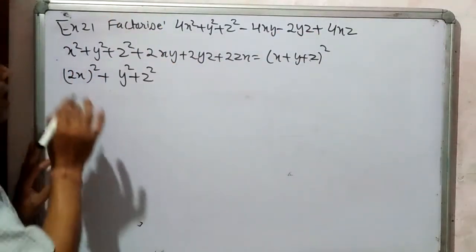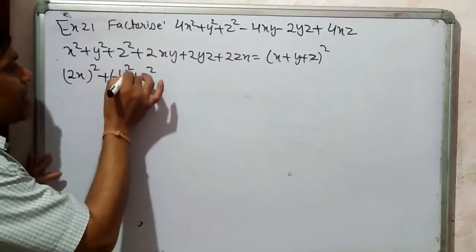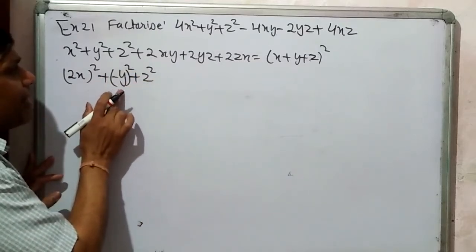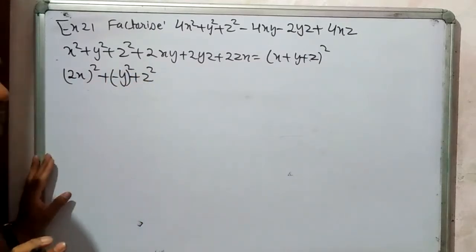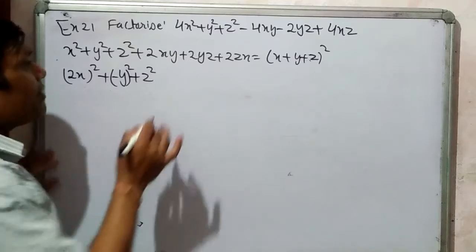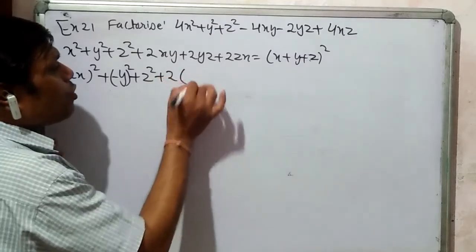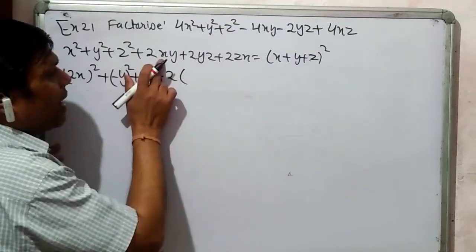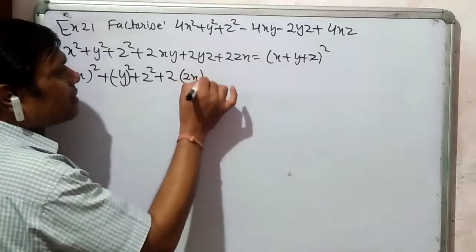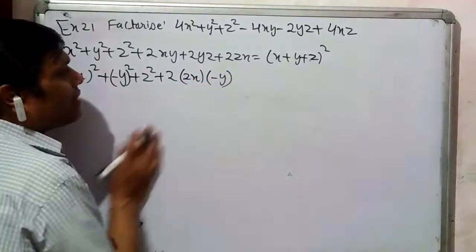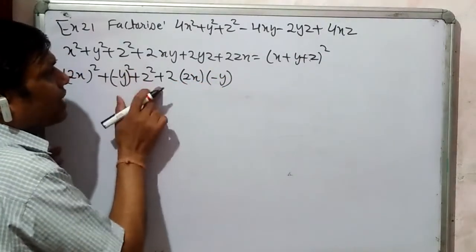So what I can do? I can put up negative sign with y because this I have identified as the negative one. So I can write twice xy term as 2 multiplied x. X is 2x. Y is nothing but negative y. We maintain the positive sign over here.